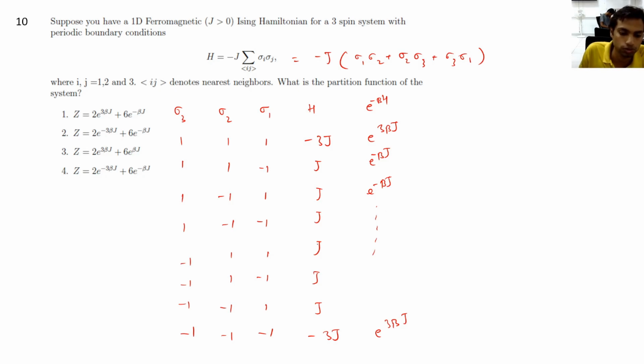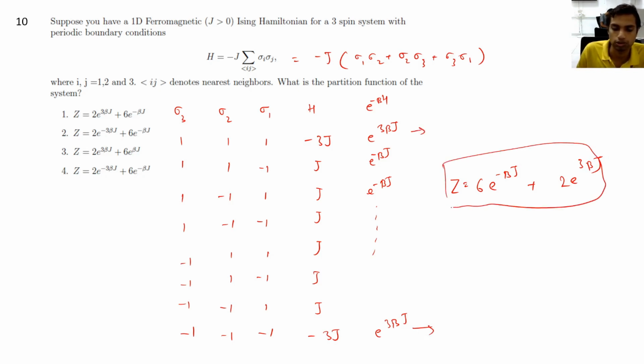So it will be 6 times e to the power minus beta J. This is the partition function, and it will be 2 times e to the power 3 beta J, one for this term and one for this term. So this is your correct expression.